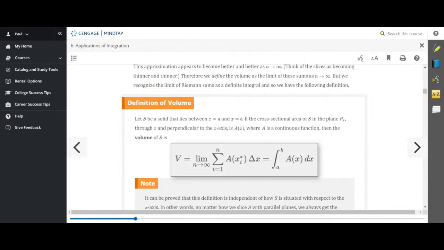So now we have a formula for finding a volume. Are there any questions on that?